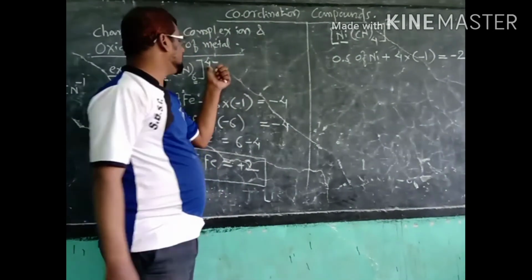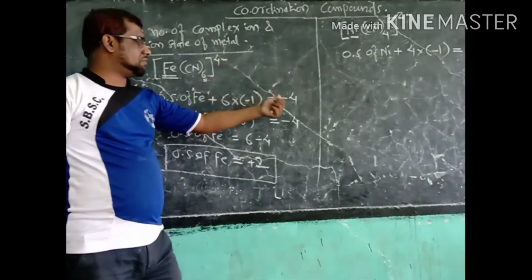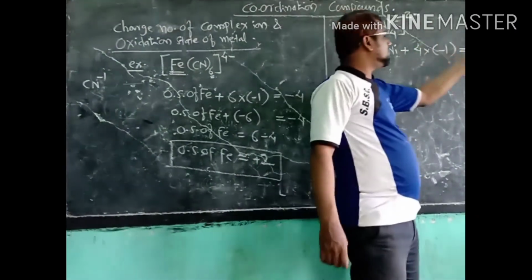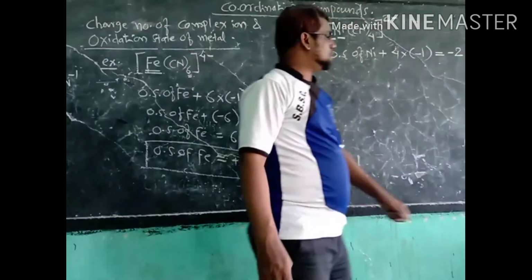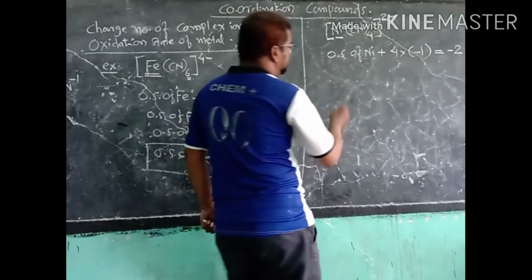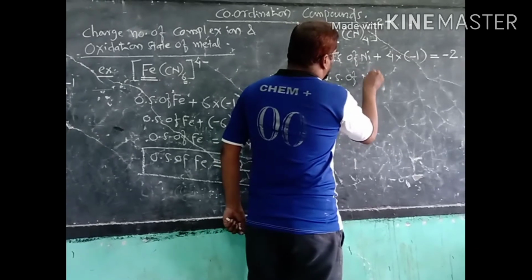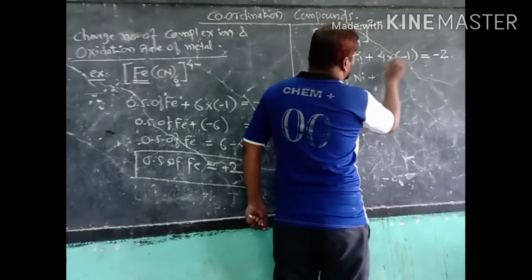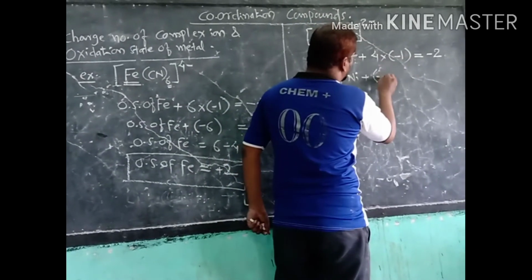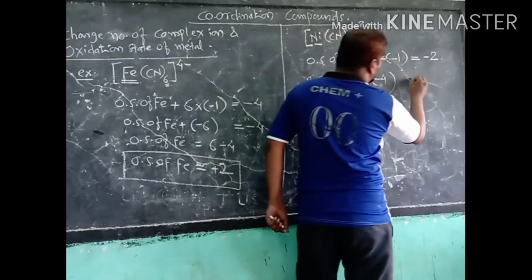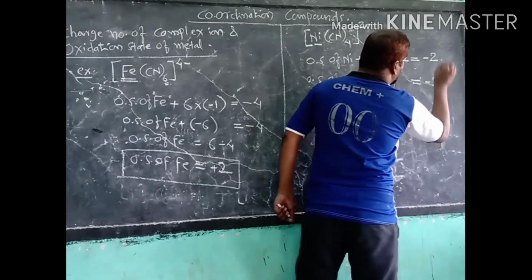Earlier it was minus 4, so we wrote minus 4. Here it is minus 2, so we wrote minus 2. Now we calculate OS of Ni plus 4 into minus 1, that is equal to minus 4, and that is equal to minus 2.